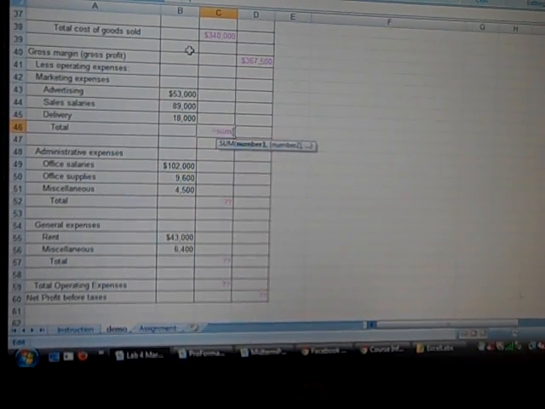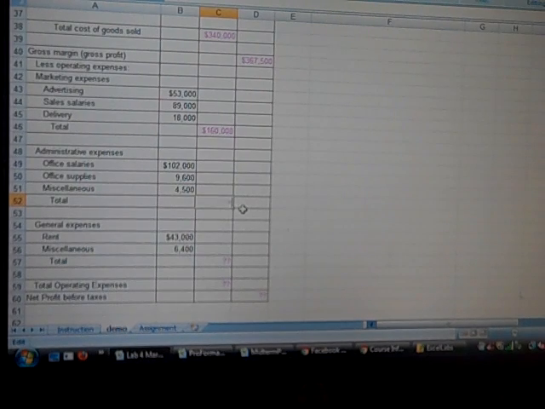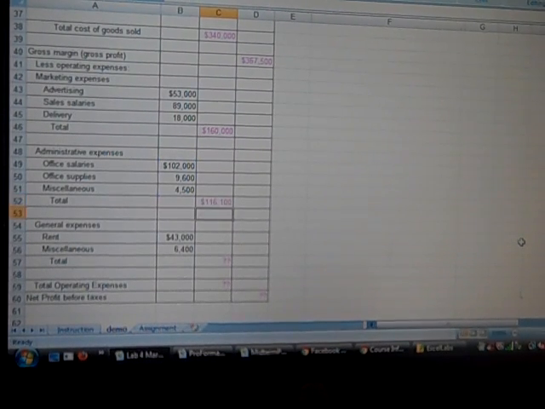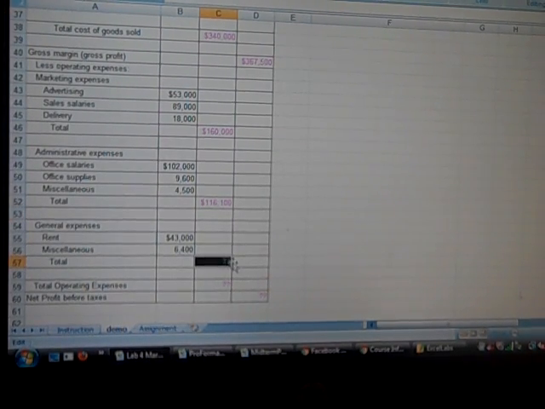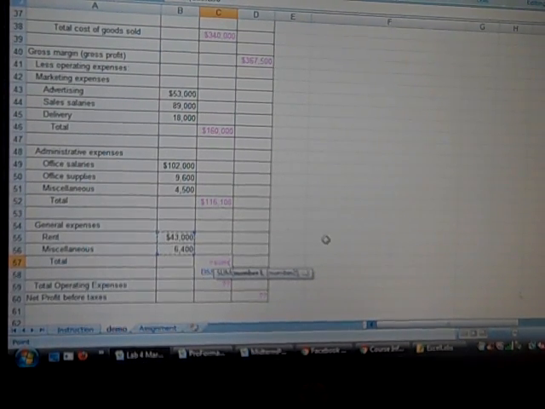So sum, and then you could just highlight all this. Okay, and then equals sum. Okay, just checking that I had all that. And then this one just has 2, so you can either do the sum add or just drag again since they're right next to each other.